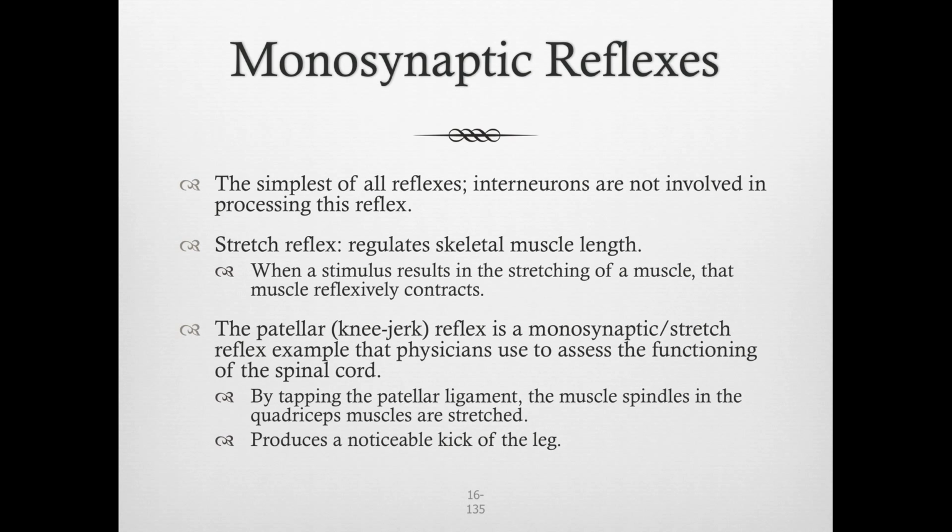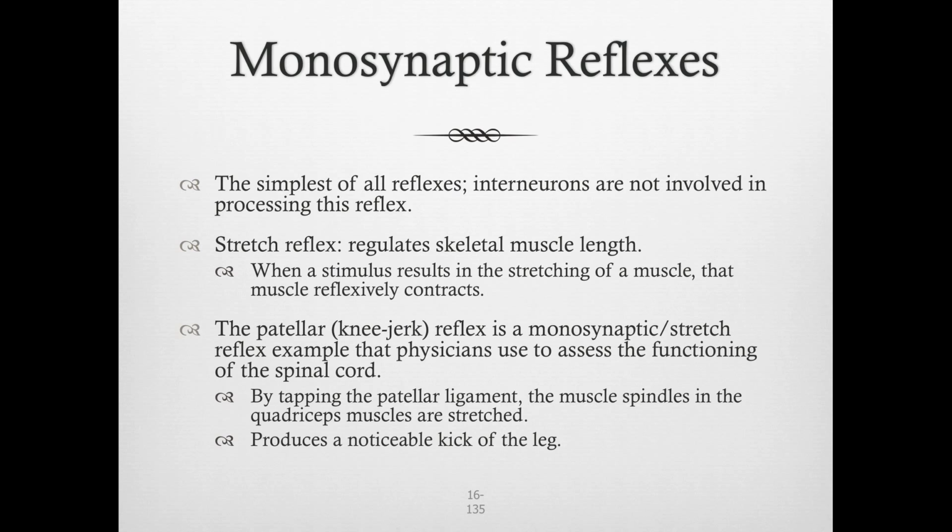And the best example of that one is a stretch reflex. It's where it regulates skeletal muscle length. So a stimulus comes in where it detects the stretching of a muscle, and that muscle then in turn reflexively contracts to keep the stretch from damaging the muscle, because you don't want to tear the muscle, obviously. It's just too much stretch.